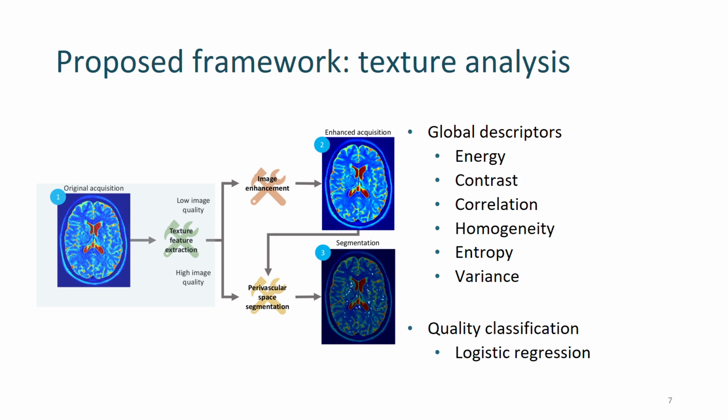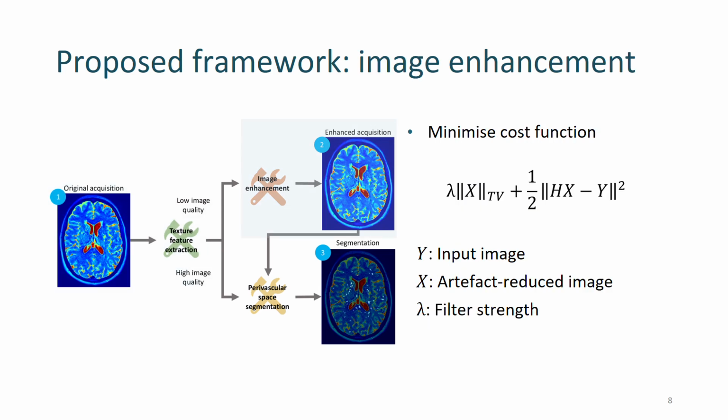For that, we extract Haralick features from the input image, such as energy, contrast, correlation, homogeneity, entropy, and variance, and use a logistic regression model to classify the image into high or low quality. If the image is of low quality, we need to enhance it. And for that, we use the total variation framework as described by the formula. Note that there is a parameter lambda, which determines the smoothness of the filter, and that needs to be tuned up for the images that are to be processed.